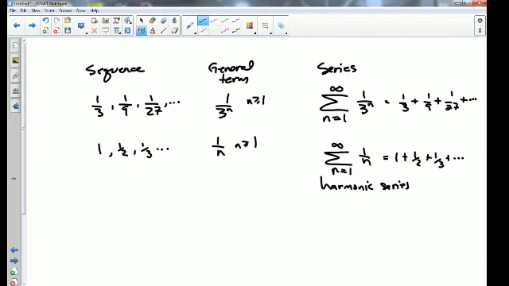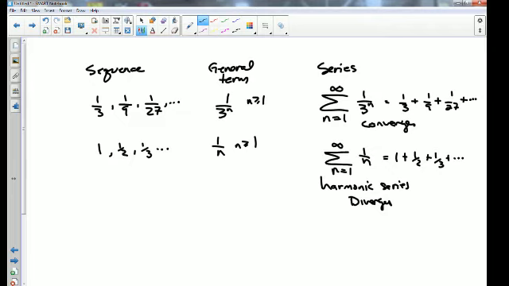We know it diverges. What's unique about the harmonic series? I'll let you write that down before I say this. This sequence here, if I calculate the limit at infinity, what does this sequence converge to? 0. This series converges as well.